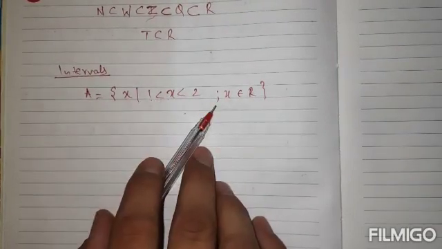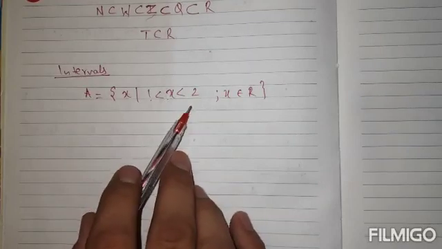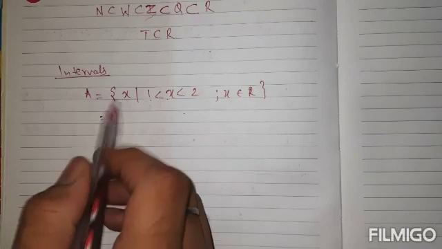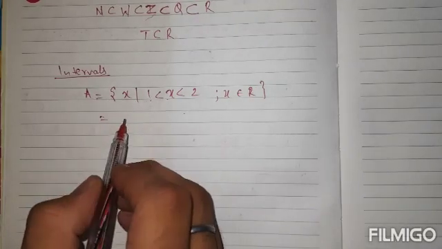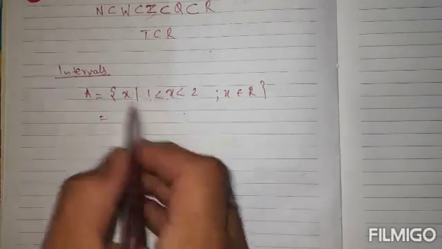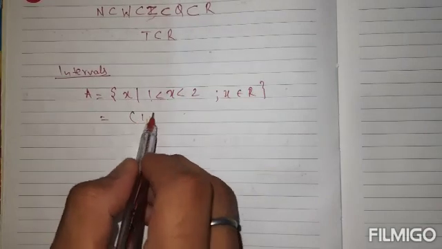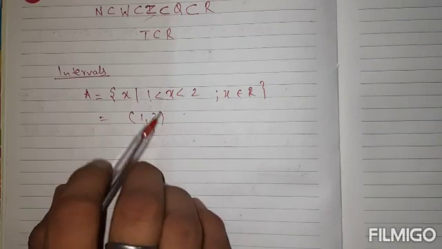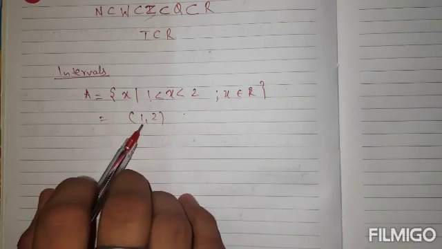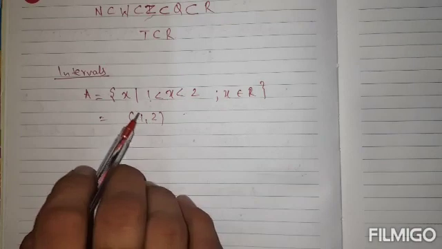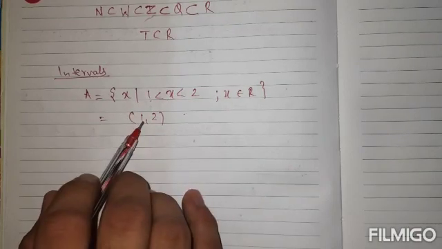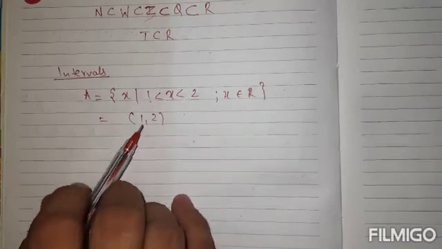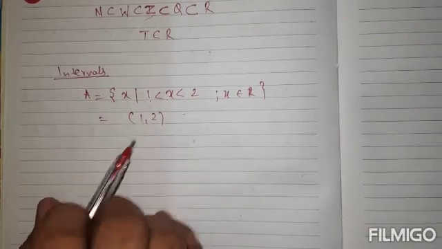So this set cannot be written in roster form, but it can be expressed in a new form called an interval. This same set can be written in this way. Here we have written 1 and 2 in small brackets, separated by a comma. It means that this set contains all the numbers between 1 and 2. Just make it clear that 1 and 2 are not included.